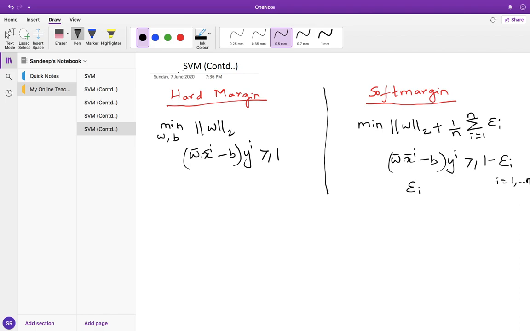And also epsilon i values are always greater than or equal to 0. So this is the summary of hard margin SVM and soft margin SVM.